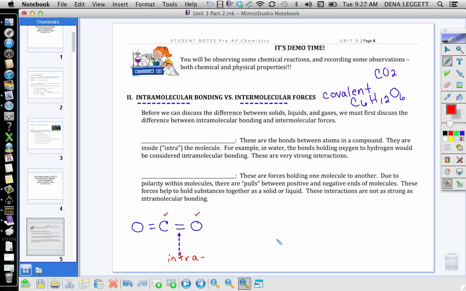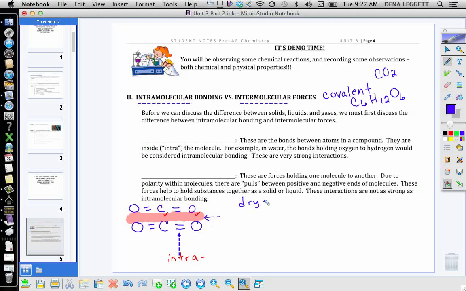These are intramolecular forces. Now, to stay together in a solid, we have to have some sort of force of attraction between these molecules. If I had another molecule, there would be a force of attraction between the molecules that holds them together in the solid state.